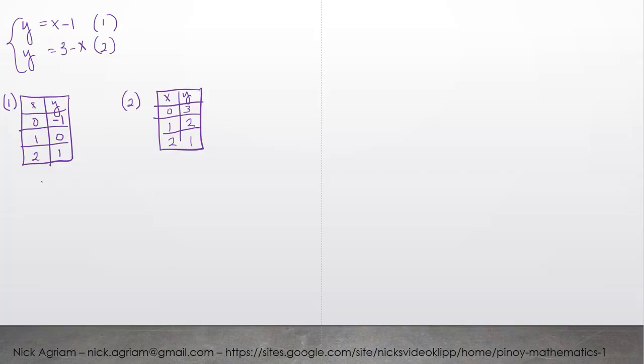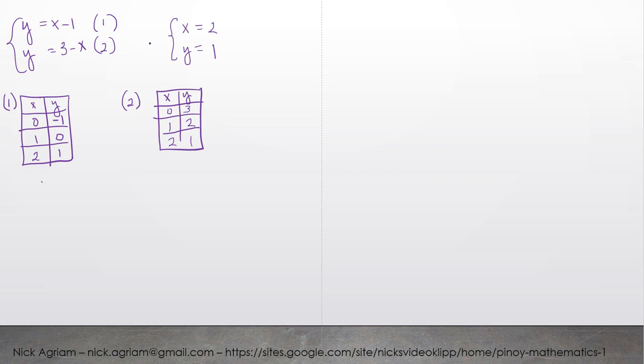I usually write the solution in this way: x is equal to 2 and y is equal to 1, not -1, is equal to 1.